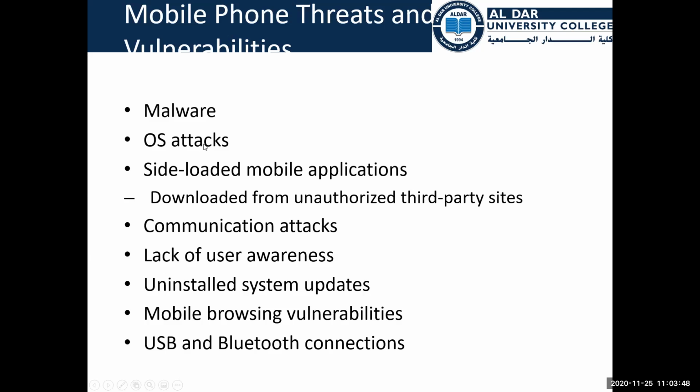There is some kind of difference between malware and an attack. The attack is like a plan. Somebody is making a plan to breach a device or steal the data. So this is just a plan. In this plan, we can use malware. So an attack is different from malware.